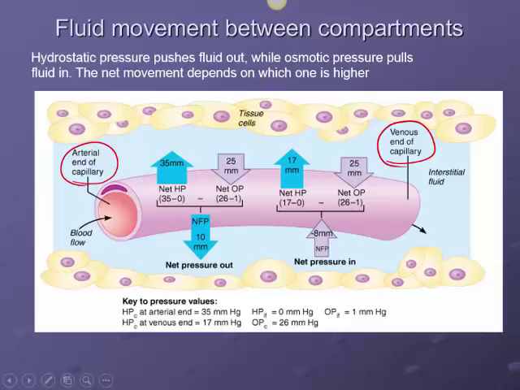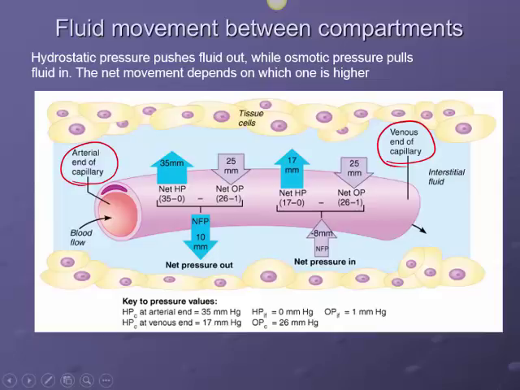Since flow has slowed down, the hydrostatic pressure is much lower. So from 35, it dropped to 17 millimeters of mercury. The same amount of solutes which were present here are still going to be at the venous end. Nothing was lost. So your osmotic pressure is going to remain at 25, right?